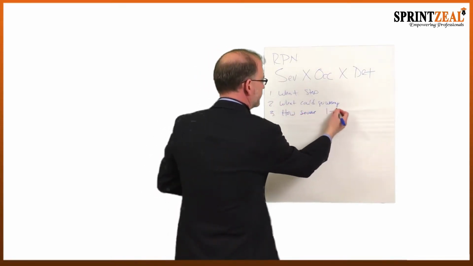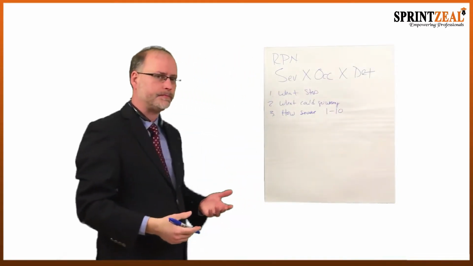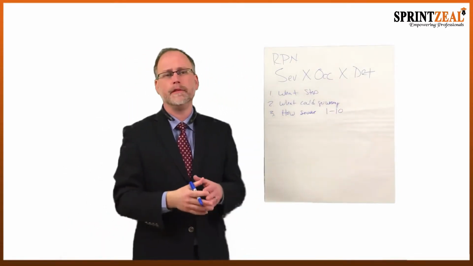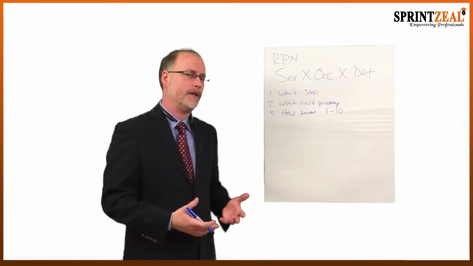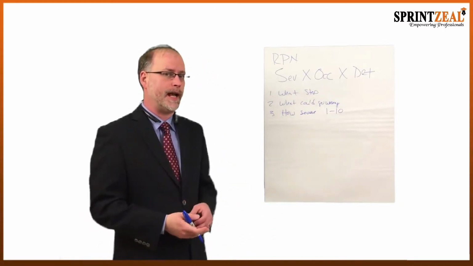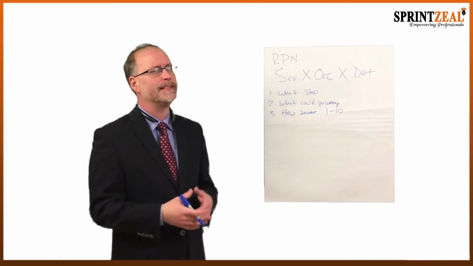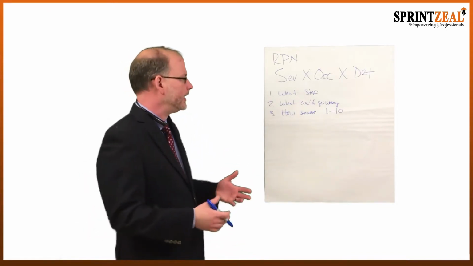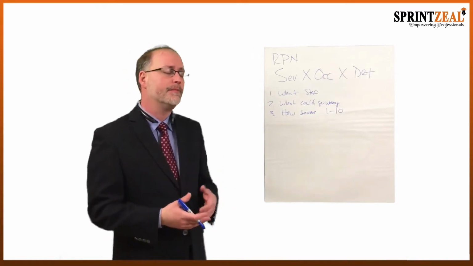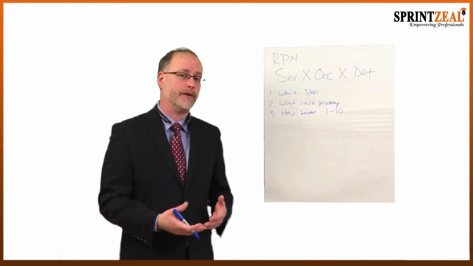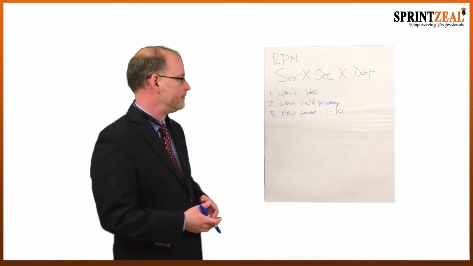And we rate that 1 through 10, with 1 being it's not severe at all. In fact, it would probably have no effect on the customer and they wouldn't even realize that it happened. To 10 being it's the end of the world. Like literally, if this thing fails, it is absolutely severe, to the point where there could be serious injury or people could lose their lives.